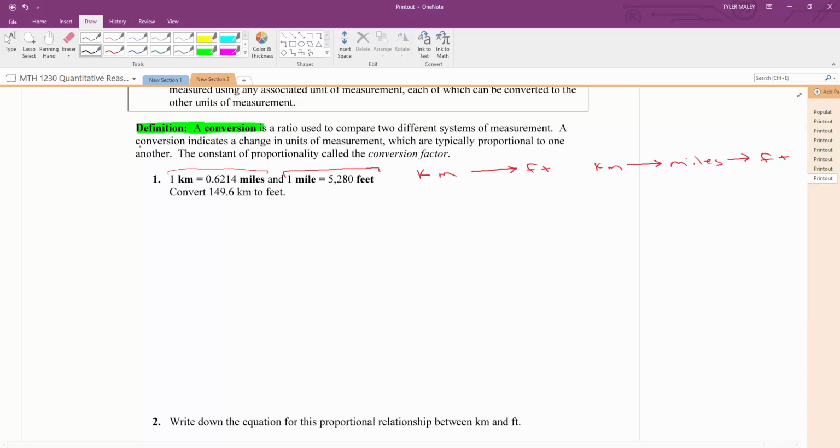So to do this using proportions, the first way, we need to actually do two proportions. I need one proportion to go from kilometers to miles, and then another proportion to go from miles to feet.